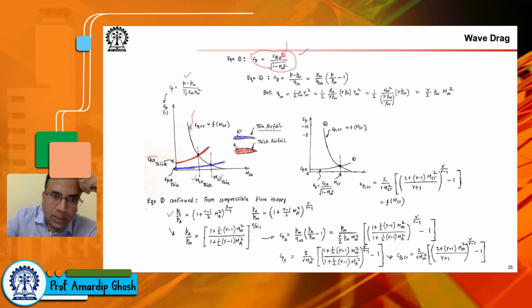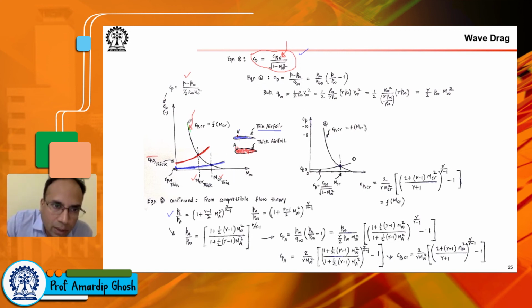The point A on these and the point A on this do not need to be the same, but that point with respect to that particular airfoil is nothing but a point where the flow reaches the maximum Mach number or the maximum velocity or the minimum pressure, for a given M infinity. And as you crank up your M infinity, the point A or A prime reaches Mach 1 before any other point.